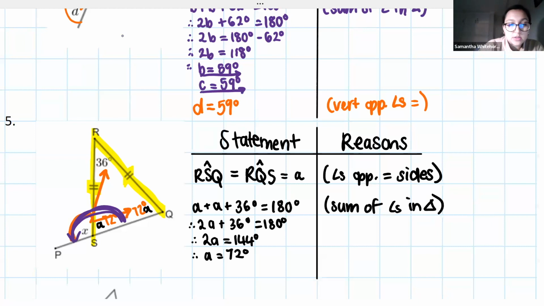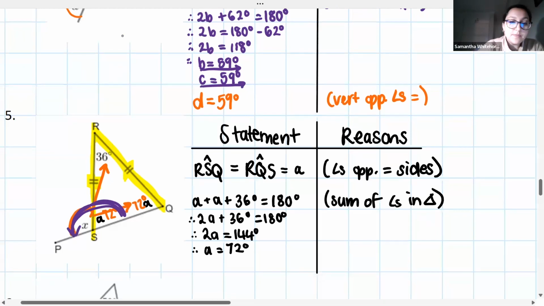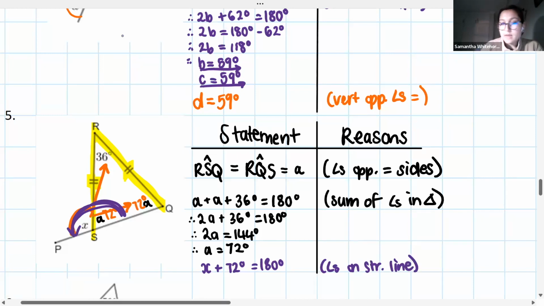I'm going to use angles on a straight line because we haven't used that in a while. So X plus 72 degrees is equal to 180, angles on a straight line. With inverse operations, 180 minus 72 tells me that X is equal to 108 degrees.